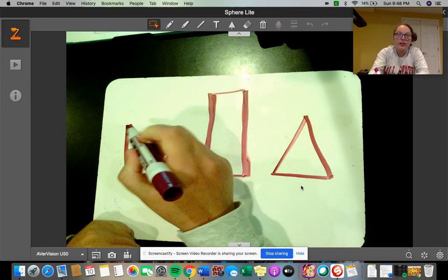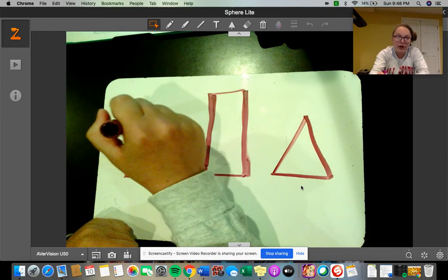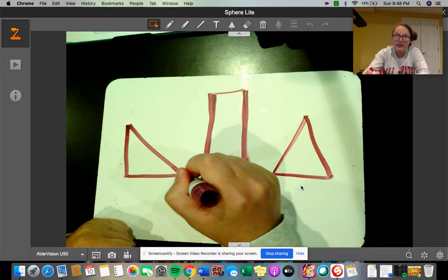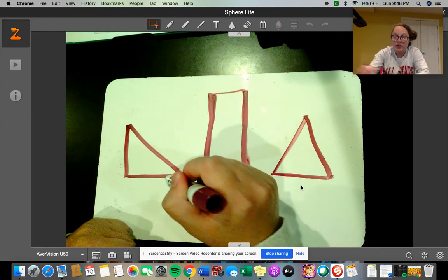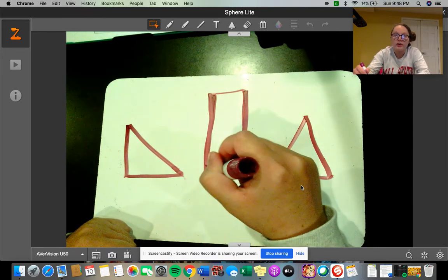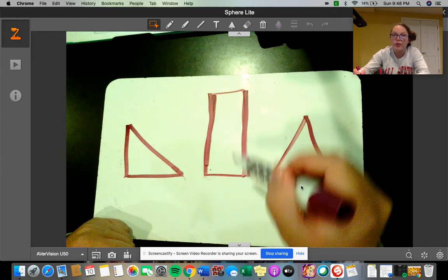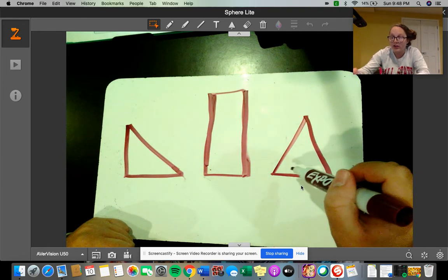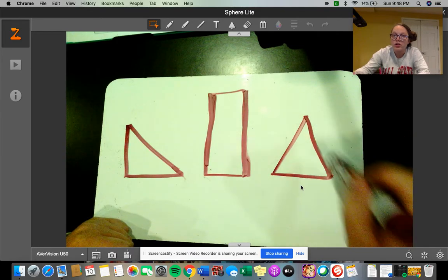So if I look, I can count my corners. 1, 2, 3. 1, 2, 3, 4. 1, 2, 3.